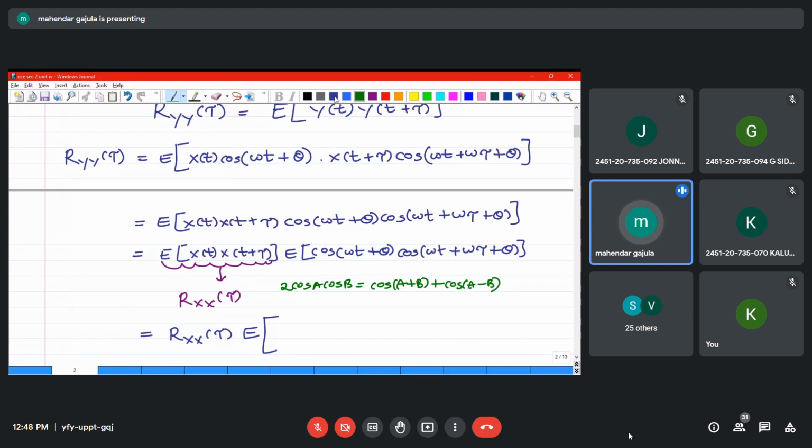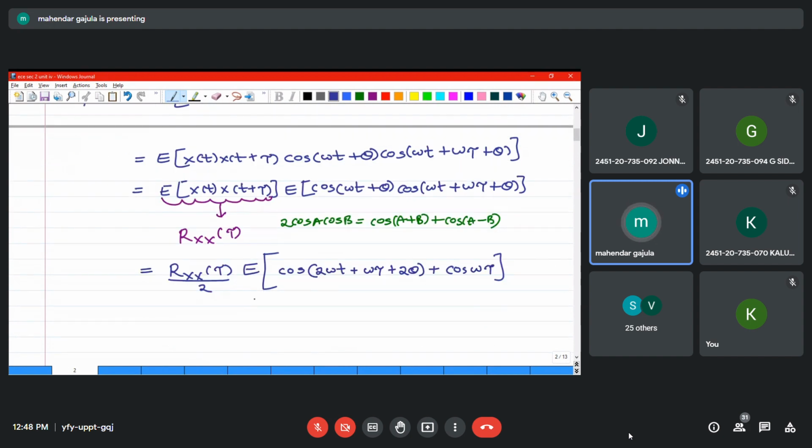So cos(a plus b) is cos(2 omega t plus omega tau plus 2 theta), plus cos(a minus b). Omega t and theta get cancelled. It leaves us omega tau. Okay. Any doubt in this up to now?